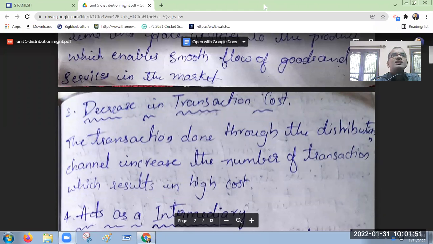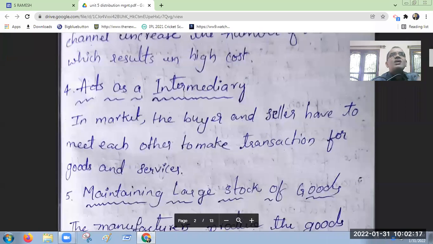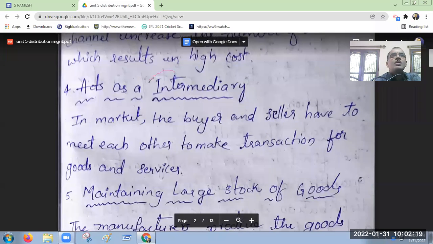If we select the correct channel, you can reduce transaction cost, so that transportation cost is reduced. The cost involved in the intermediation between the production point and the consumption point can be reduced if the proper channel of distribution is selected. In the previous class, I mentioned intermediary means brokerage.